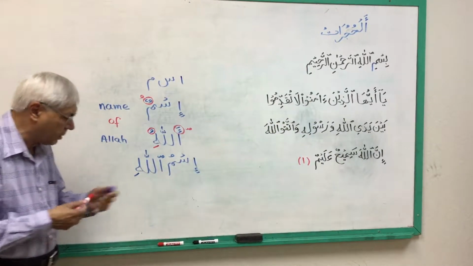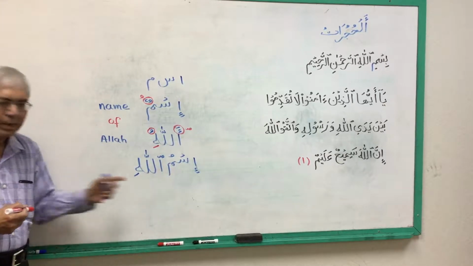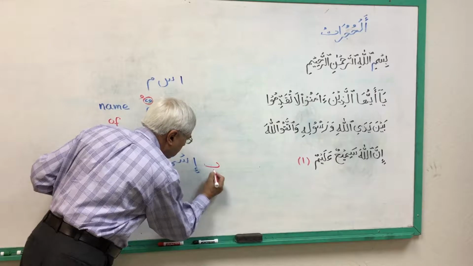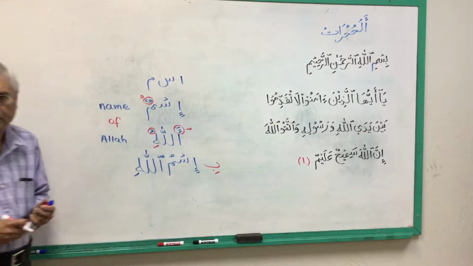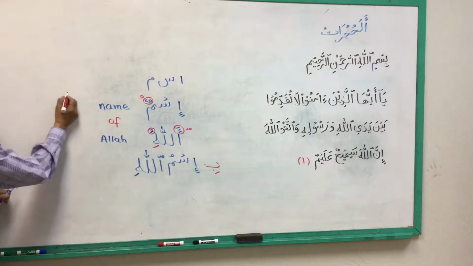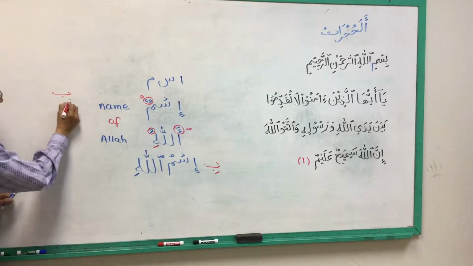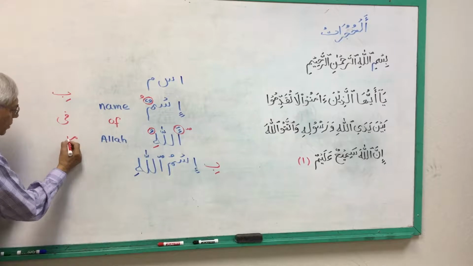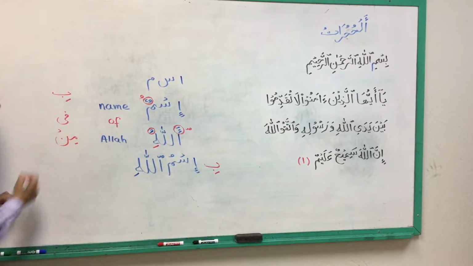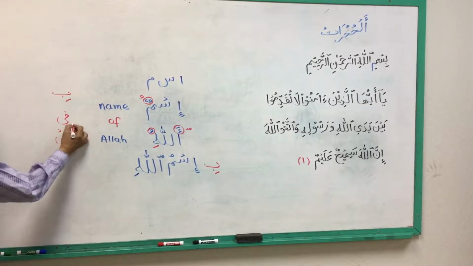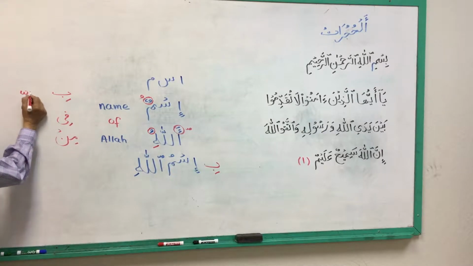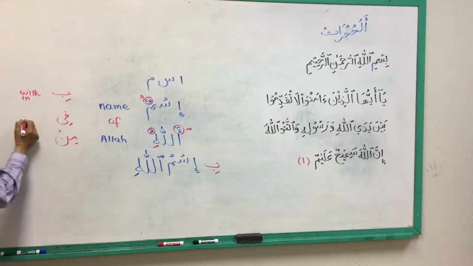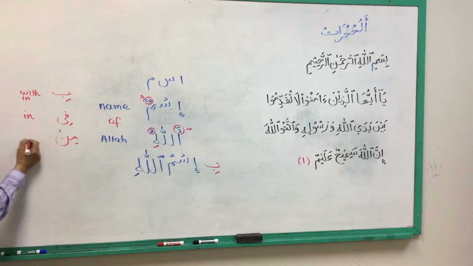Now, we are going to add something in this combination, a letter which has a kasra. Last time we learned that there are a few letters, or actually words, but we call them letters. For example, these three. Bi means with or in. Fi also means in.